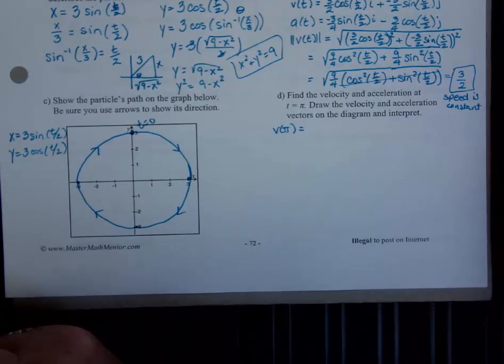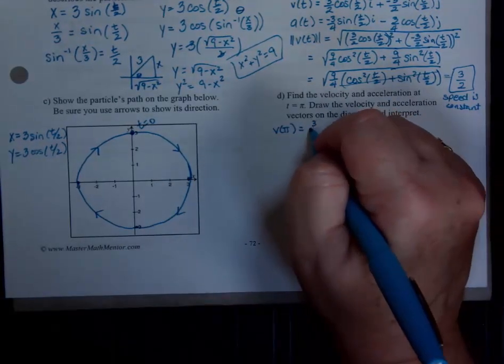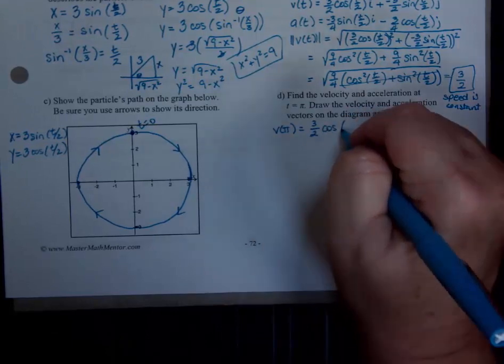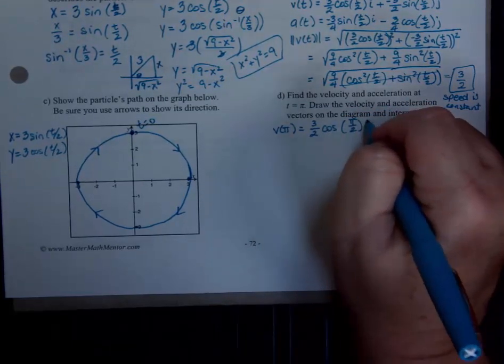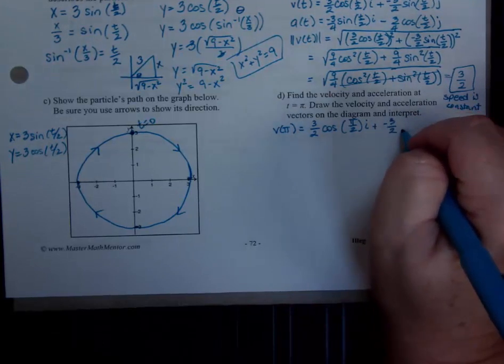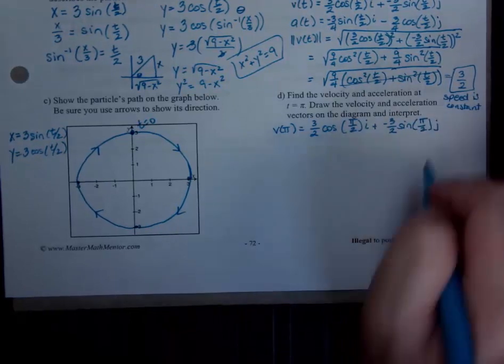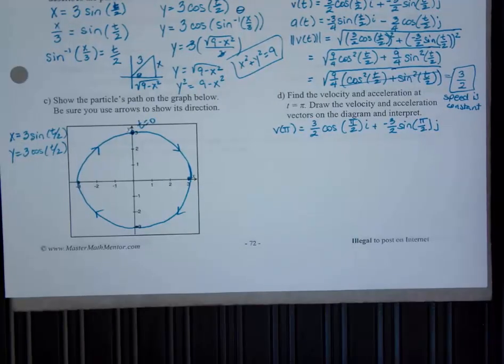The velocity at pi. So that would be 3 halves cosine pi over 2 i plus negative 3 halves sine pi over 2 j. Just plugged in pi for all the t's. And now you need to clean it up, because it cleans up nicely.